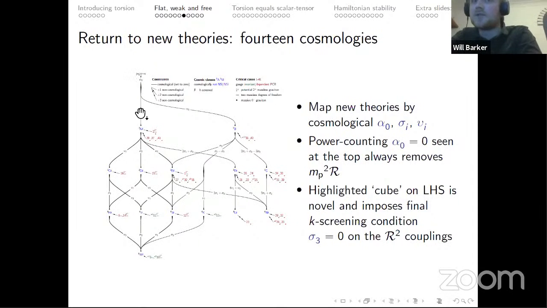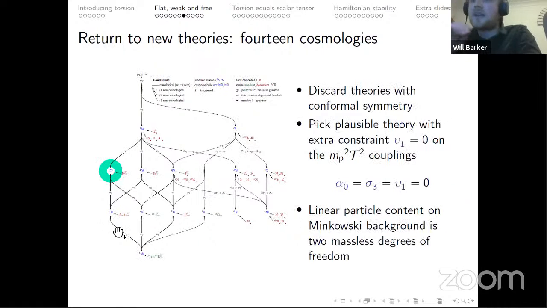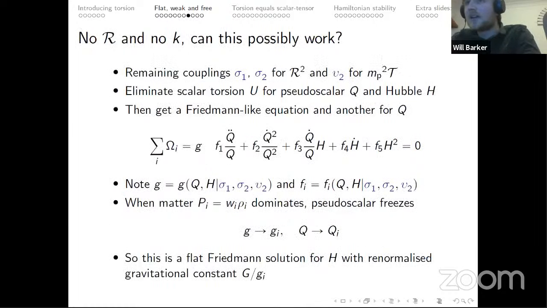They've all got alpha naught, sigma 3 switched off. So we'll just pick a theory which is not too constrained that it's going to be very boring, and not too unconstrained that it's not tractable to actually deal with. So I've just highlighted that here. It's got some very simple constraints imposed on the 10 parameter theory. Alpha naught, sigma 3, epsilon 1, all vanishing. And we'll look at the actual cosmology of this.